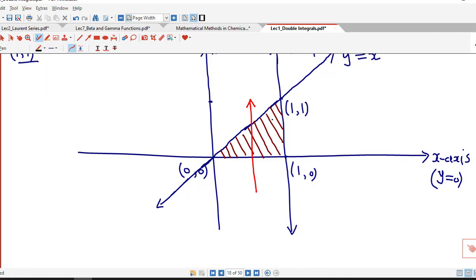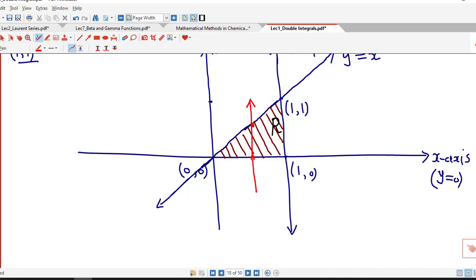To find the limits of y, we have to decide the value of y at the points where this line enters and leaves the region of integration.